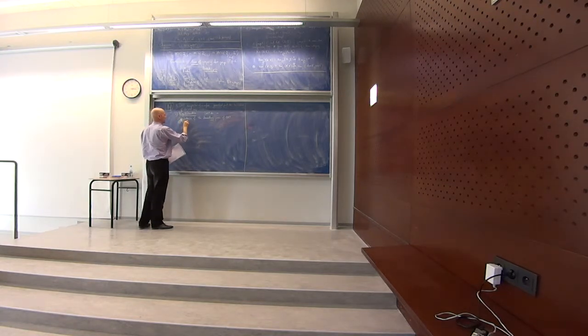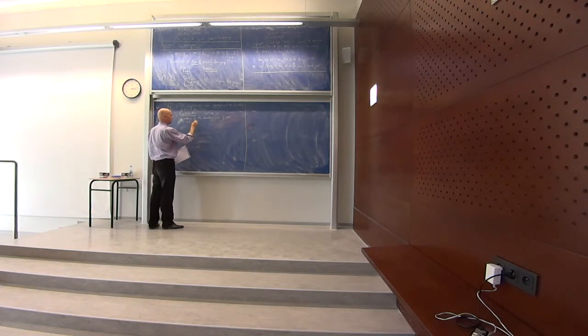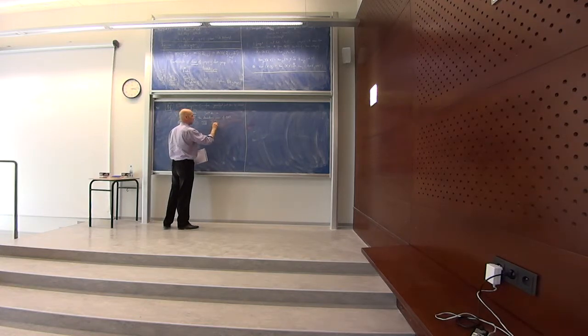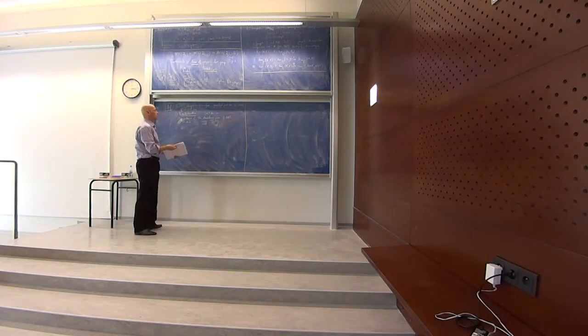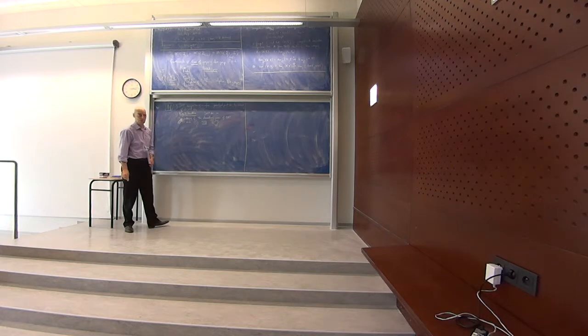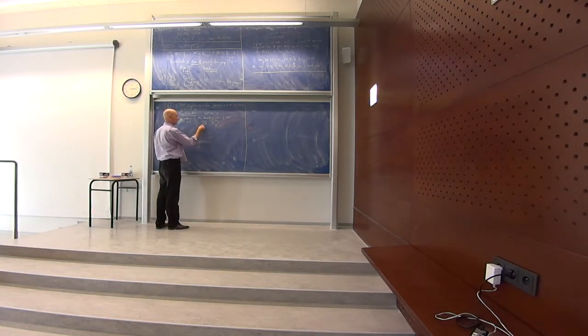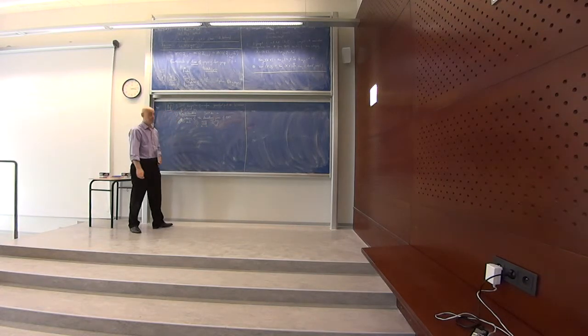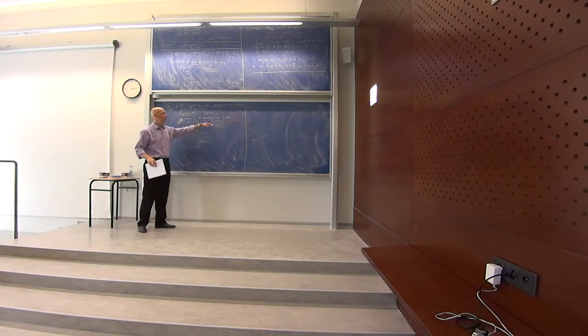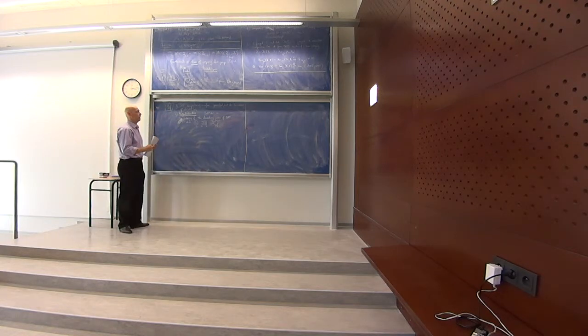For each piece, you have a disk, an annulus, or a pair of pants. Well, you have here only one boundary component. You attach number 1. Here you have 2 boundary components, and you need to label them. So one is 1, one is 2, or vice versa. And now you have a labeling of the 3. So you have one labeling for each boundary component of each elementary piece.